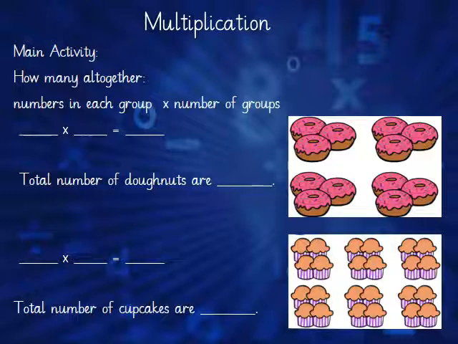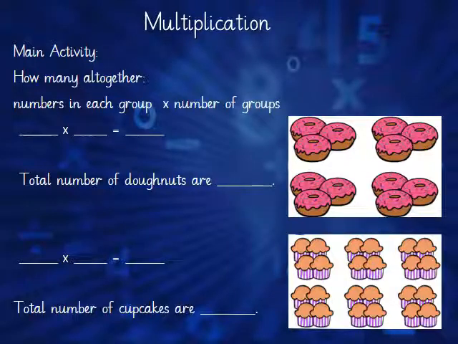Alright, moving on with multiplication. Now it is your turn to work out multiplication. Our given question is, how many altogether? Look at the given pictures very carefully. In the first picture you have to find out the total number of donuts, and in the second picture the total number of cupcakes.